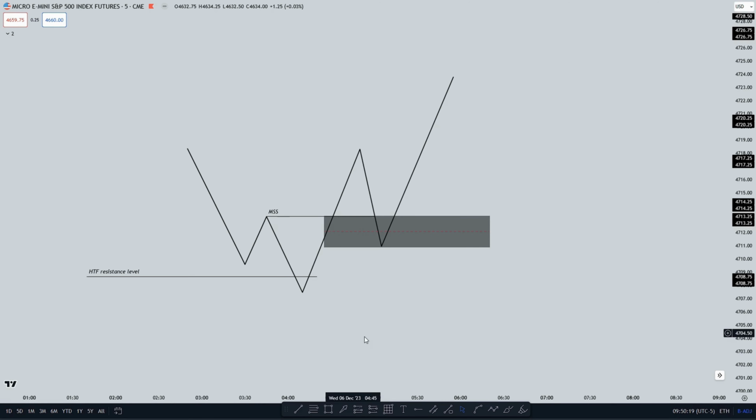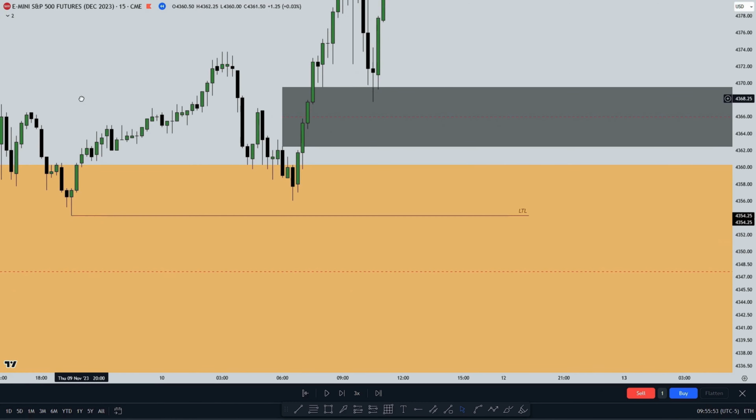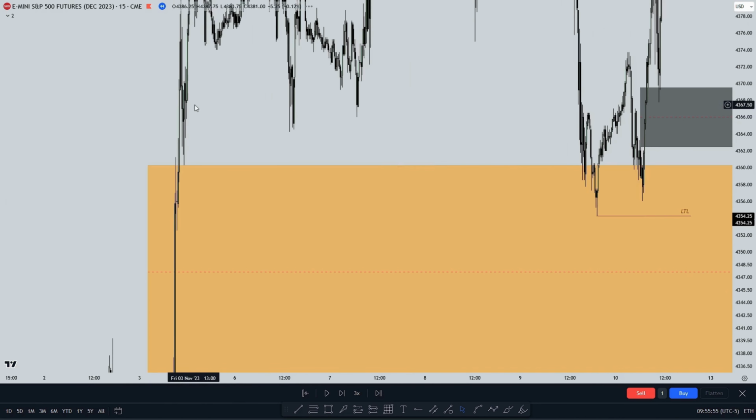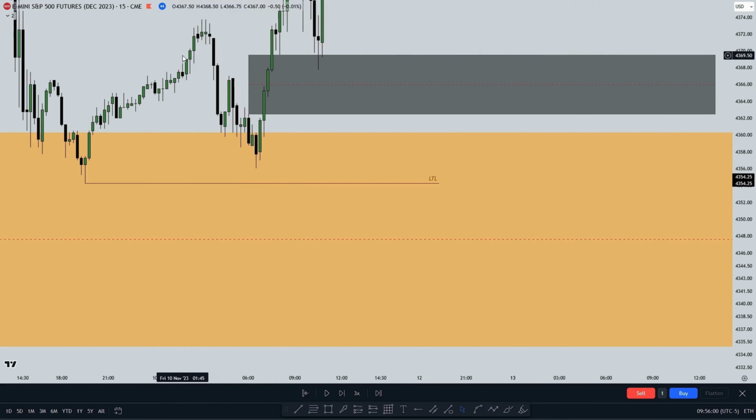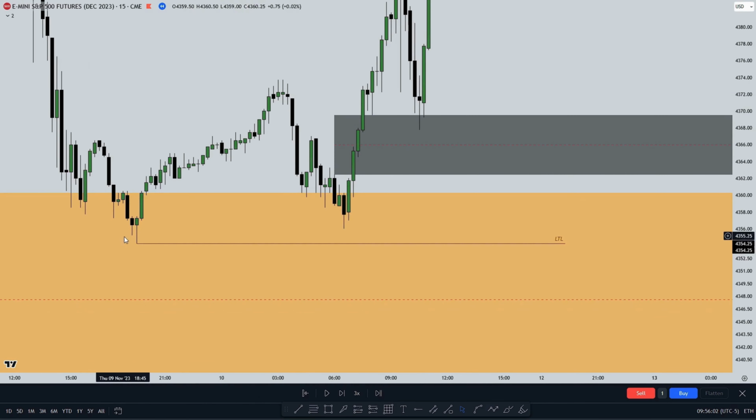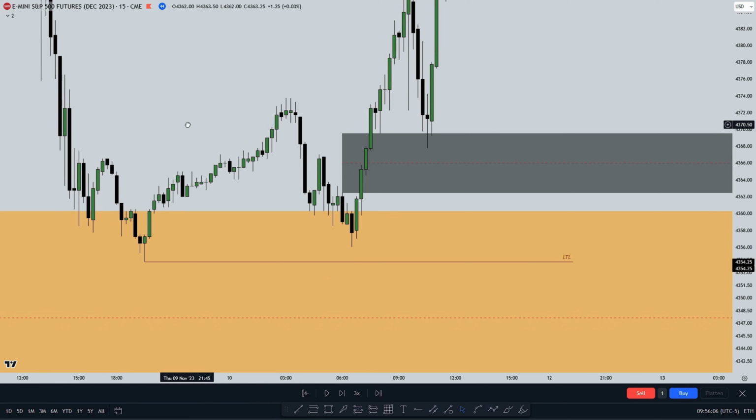Right here. So now that we know all of the three concepts, we can go into the charts and find some examples of this. So for the first example, price has come down and touched a 4-hour fair value gap. So we want to see this low right here being a long-term low.